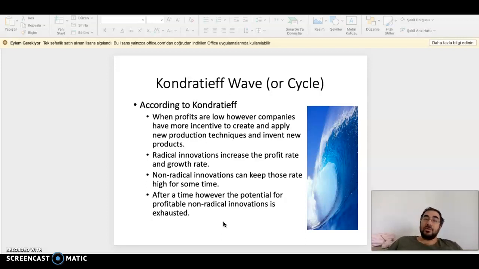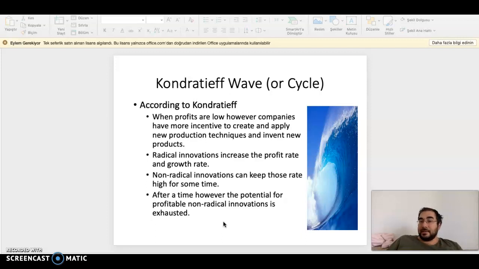So those non-radical innovations keep the profits high for a certain period. But after a certain period, the potential to exploit this technology base will become smaller and smaller. And as a result, the economy will enter into a new depression.